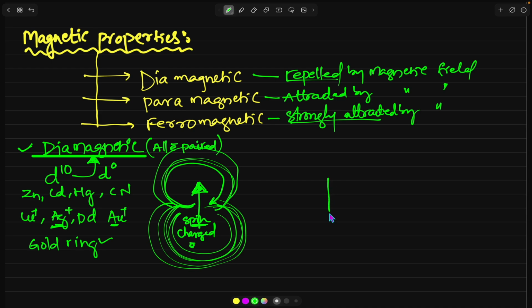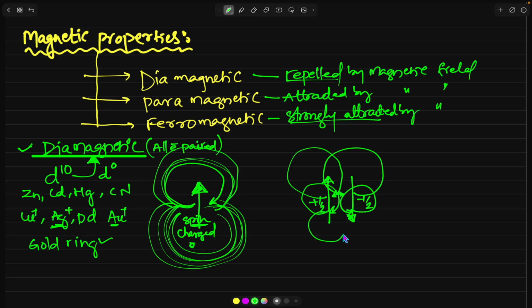But if you have two electrons which are paired up, for example, this is the electron with plus half spin and this is the electron with minus half spin. The magnetism created by this electron is cancelled by the magnetism created by the other electron. So there is a magnetic field, but all these magnetic fields operate in opposite directions.